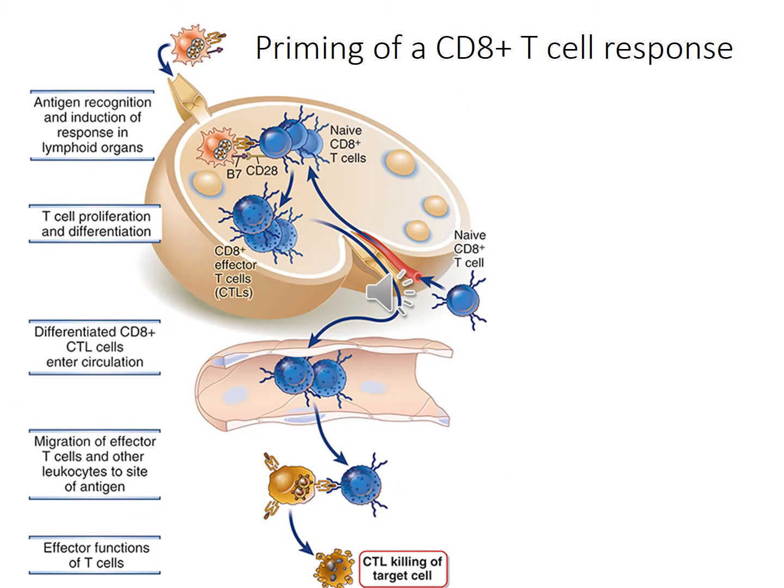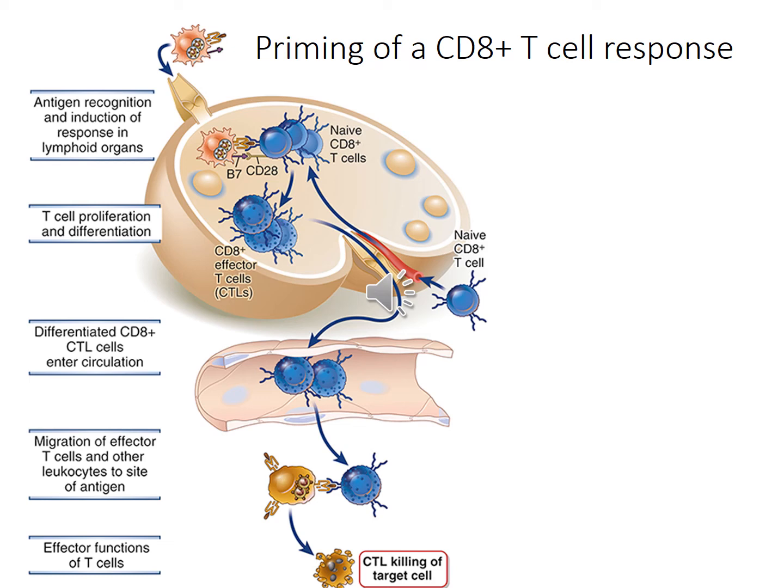Antigen presentation is initiated in the tissue, where dendritic cells take up antigen, get activated, and then go to the secondary lymphoid organs, the lymph nodes. Inside the lymph node, the dendritic cell will encounter naive CD4 and CD8 T cells.